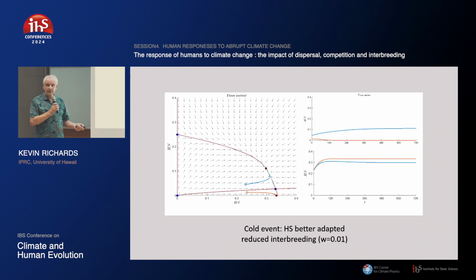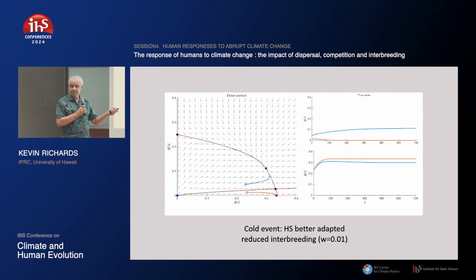If we reduce the interbreeding, in this case we're halving it, then a bifurcation takes place, and a stable attracting node and an unstable saddle node appear, which separate as we decrease the interbreeding rate.